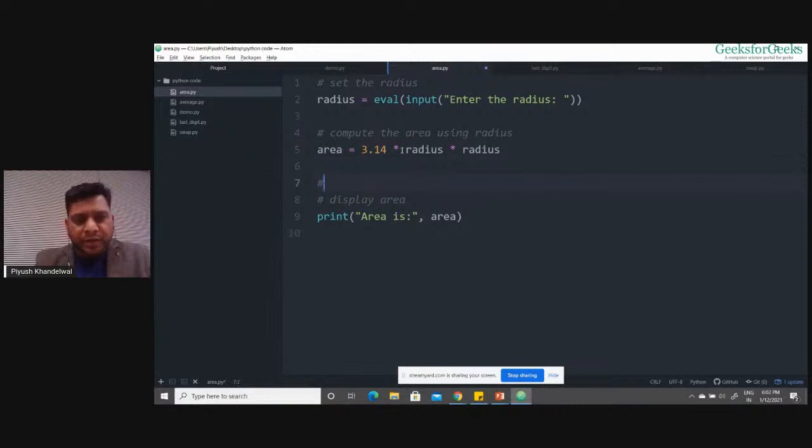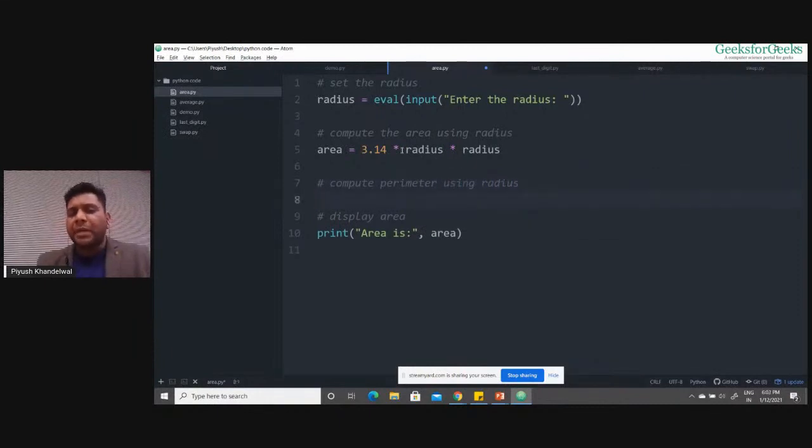Let me first add the comment: compute perimeter using radius. So I know that to compute the perimeter, I just need the radius, and the formula for it is 2 pi r.